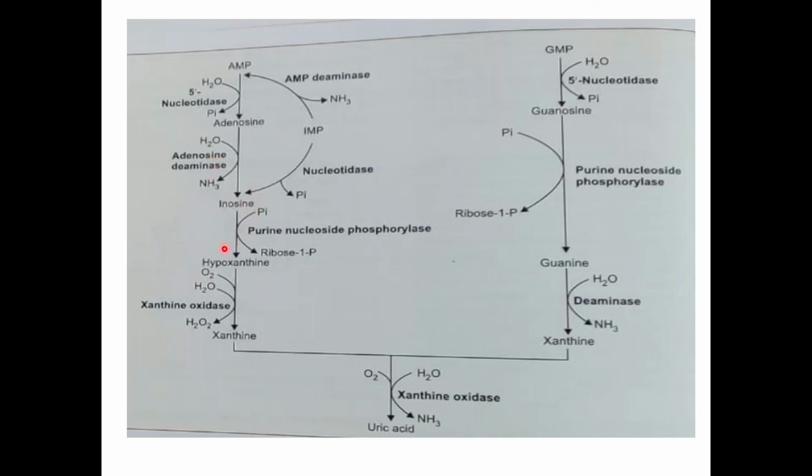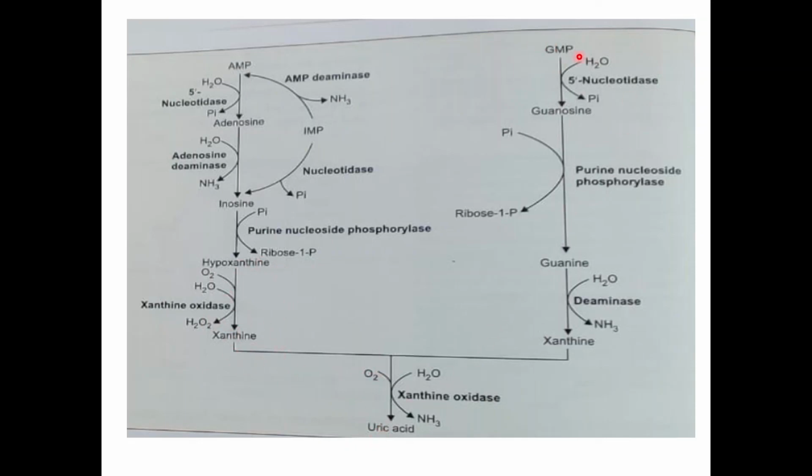Then inosine to hypoxanthine, another enzyme is required, purine nucleoside phosphorylase. Hypoxanthine to xanthine is converted by xanthine oxidase. This is the very important enzyme of this pathway, which converts hypoxanthine to xanthine and xanthine to uric acid.